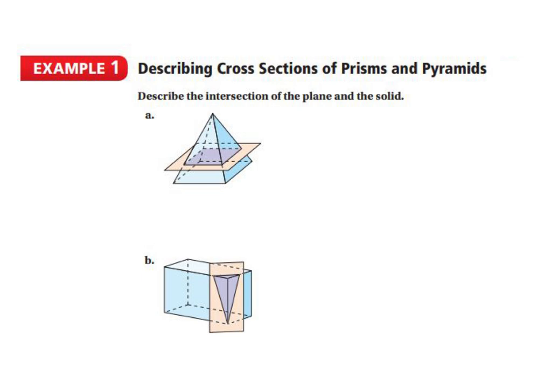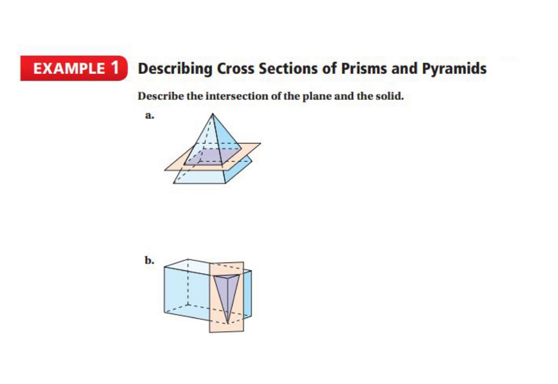So for example 1A and B, we're going to describe the intersection of a plane and the solid shape. For A, it is a rectangular pyramid. Our cross section, in tan or orange, you can see slicing through it. So we'd say the diagram shows the intersection of a plane and a rectangular pyramid.